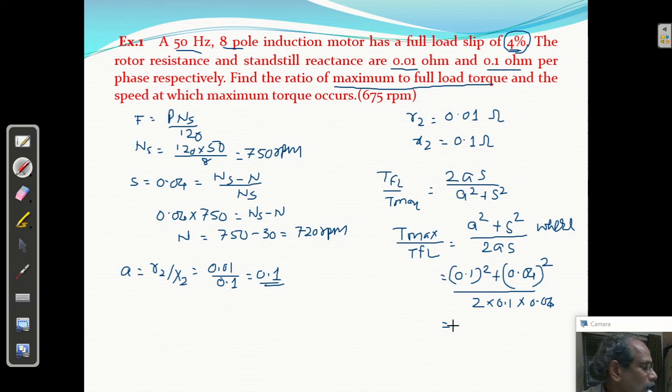If you use the calculator, we get 1.45. This ratio we got is 1.45.